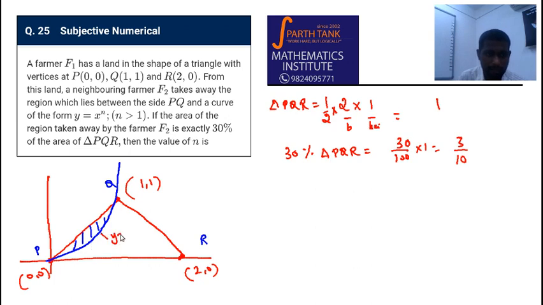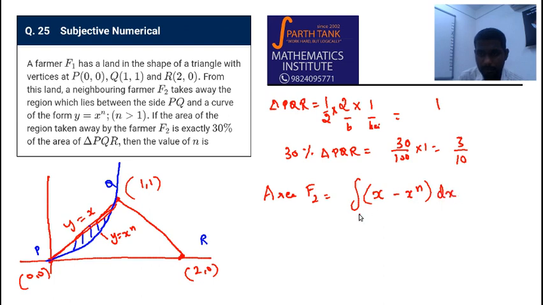We know this curve is y is x power n. So the area that farmer 2 has taken is nothing but an integral. What is this line? This line is nothing but y is equal to x, right? So integral of x minus x power n dx from 0 to 1. x minus x power n is the area between the curves.